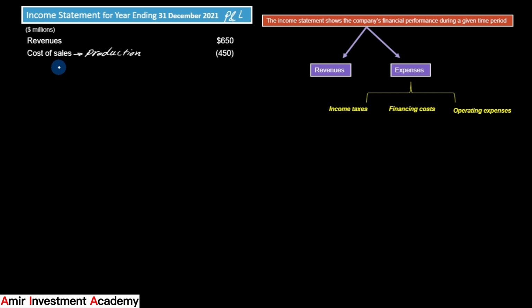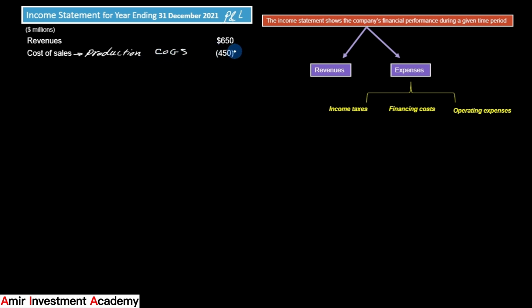Let's say we're talking about the manufacturing business, anything that is directly related to manufacturing the product that you end up selling, so the raw materials, anything. So that's the cost of sales. And sometimes this is called COGS, cost of goods sold.